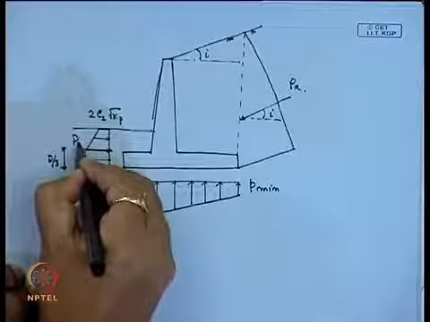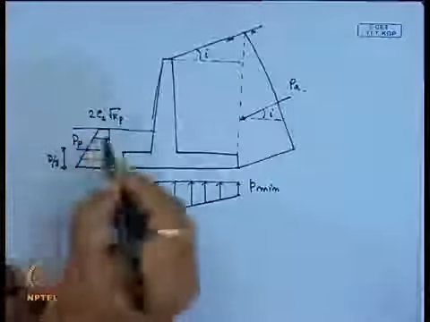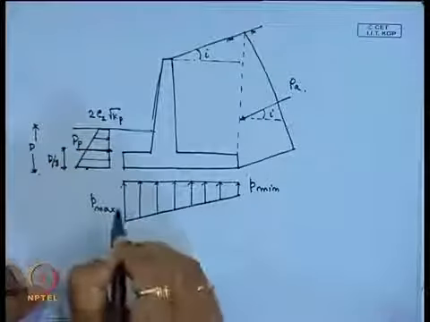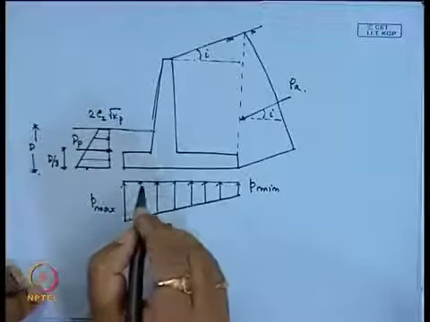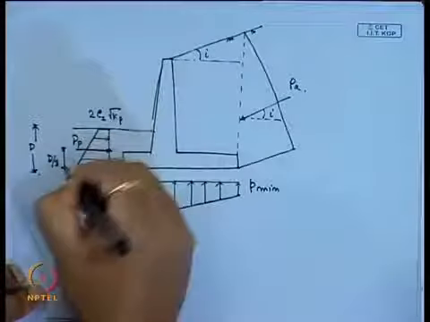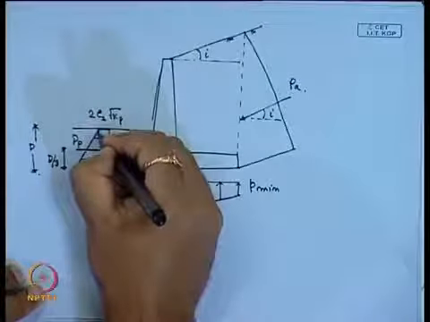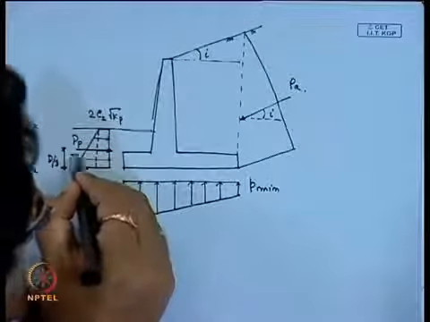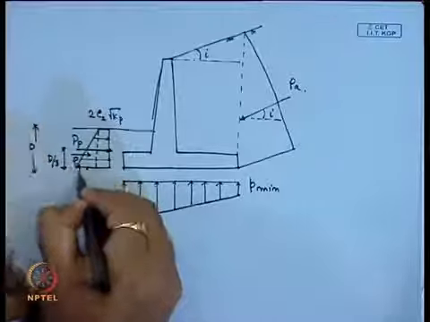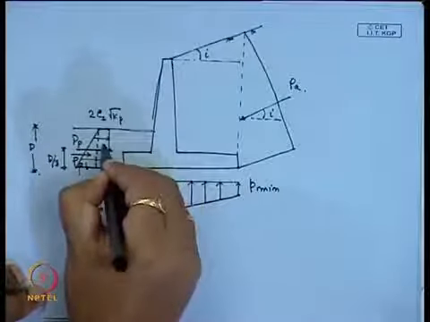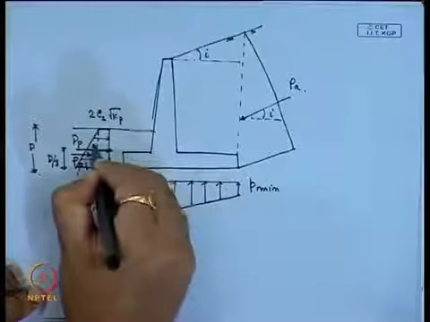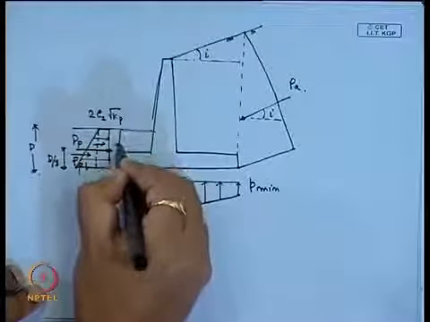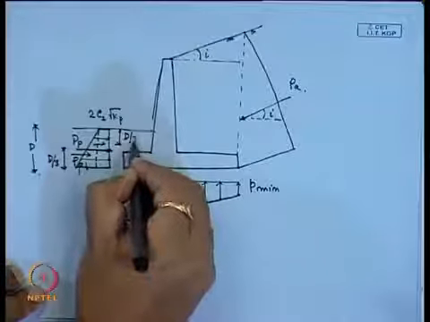This is P P. If this distance is d, then for this P P we can divide this part into two different portions. One is P P 1 and another one is P P 2. So, this P P 2 will act at a distance of d by 2.